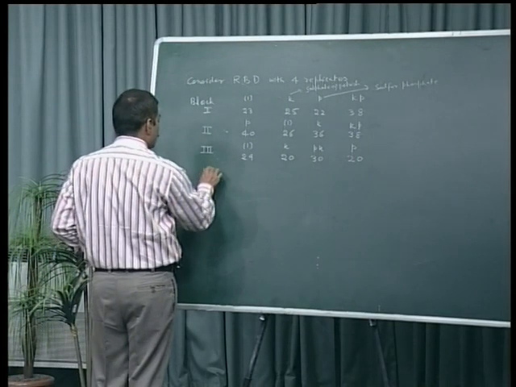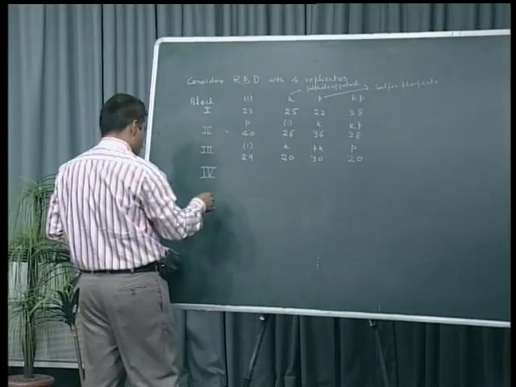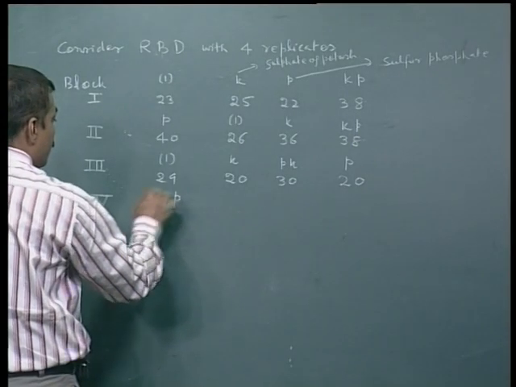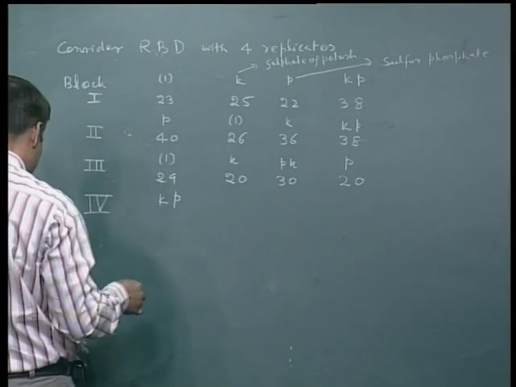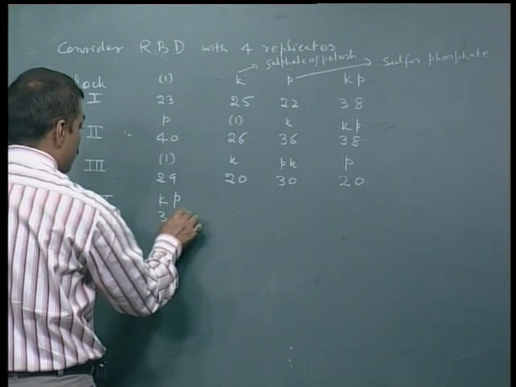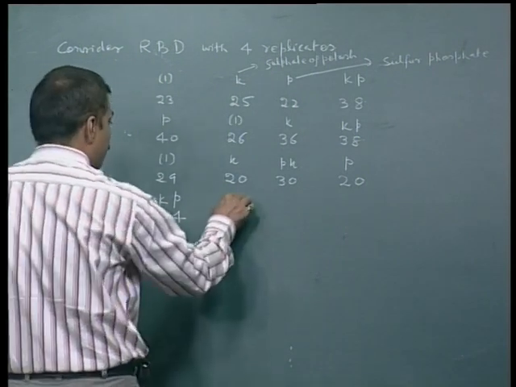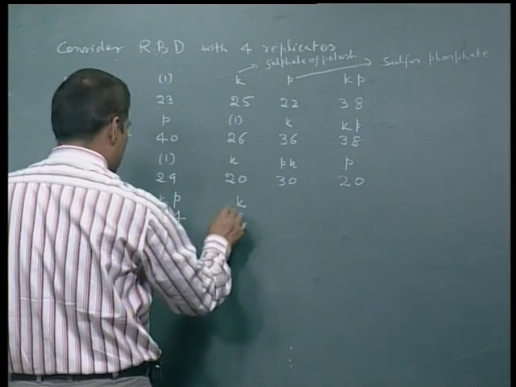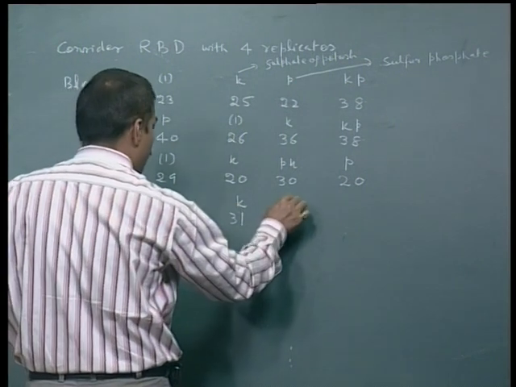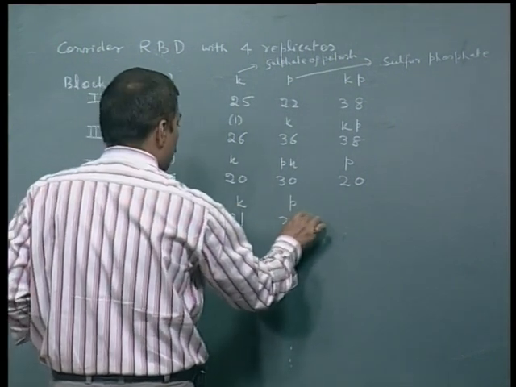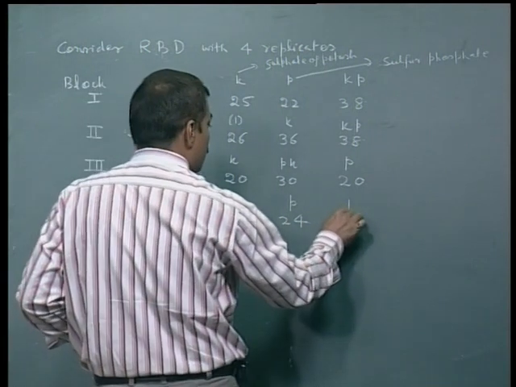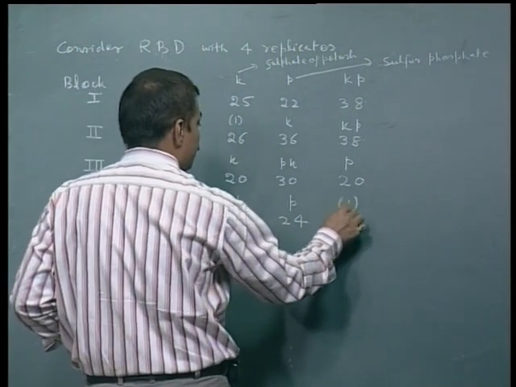And in the fourth, when both chemicals are present, yield is 34, when only K is present, 31, only P, 24, and the control 28.